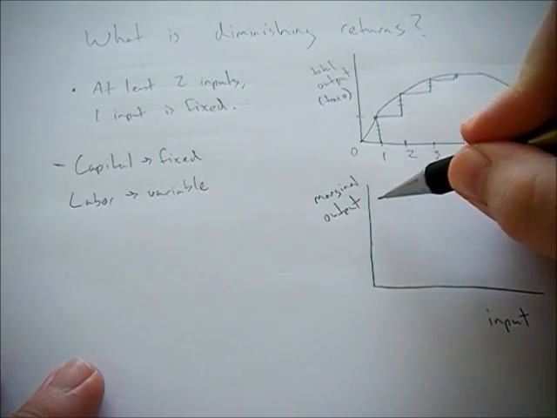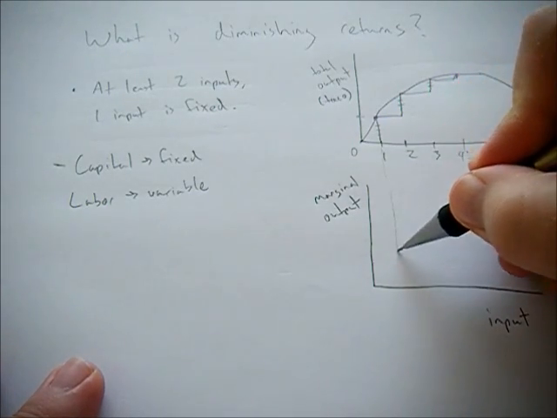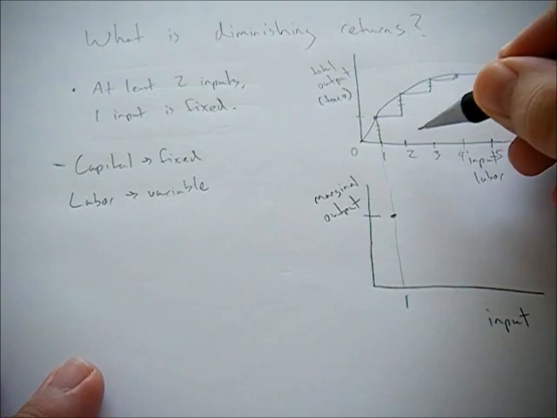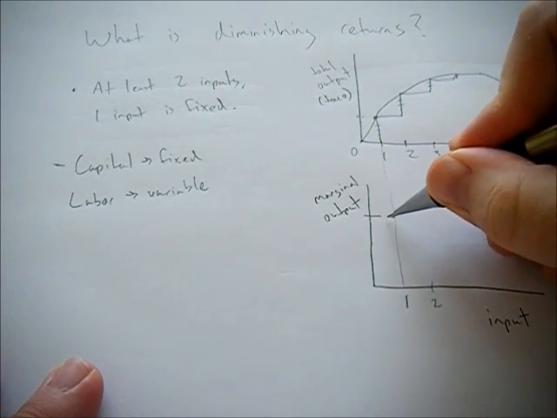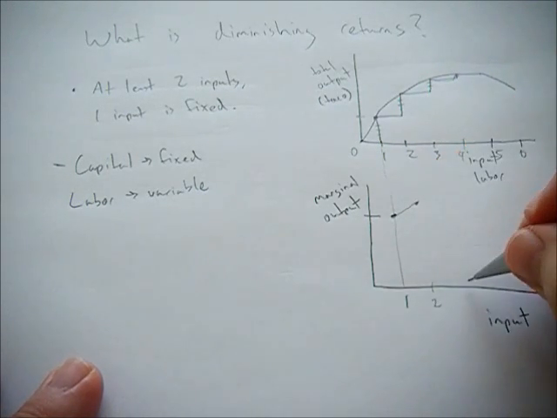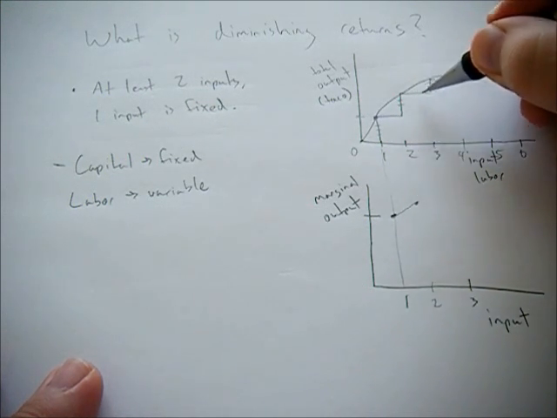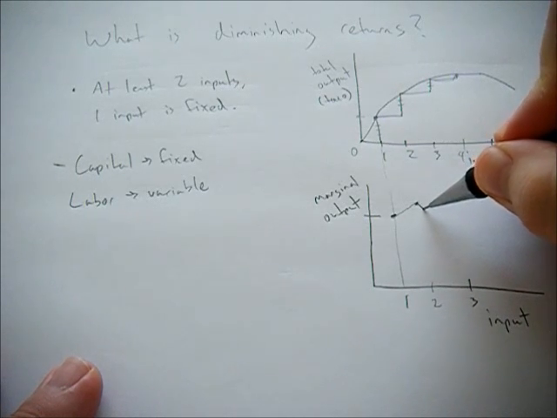So if you look at this from the marginal output perspective, that first person makes a lot of tacos. The second person, perhaps on the margin, makes even more. But that third person adds less to that total output.